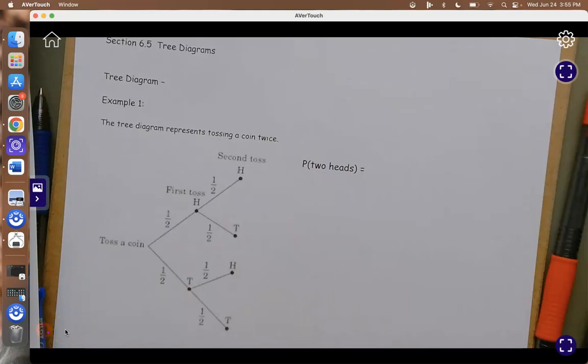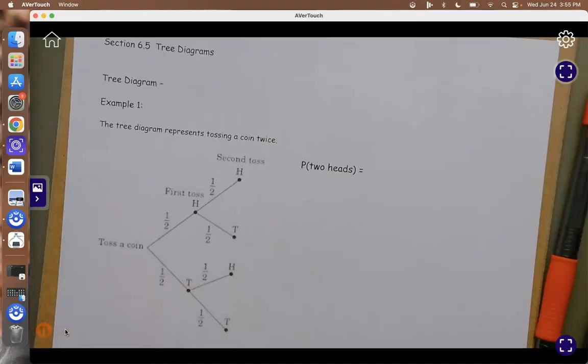Alright guys, now we're back for section 6.5. It is also a short section, and it's about tree diagrams.